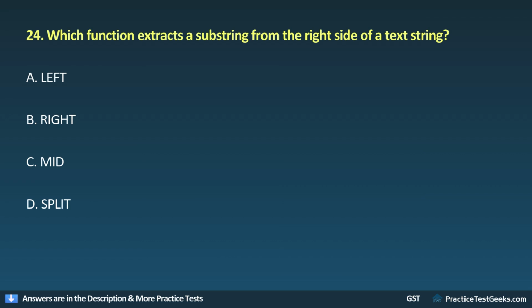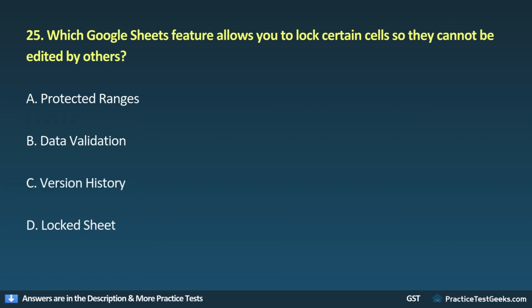B. Right. C. Mid. D. Split. 25. Which Google Sheets feature allows you to lock certain cells so they cannot be edited by others? A. Protected ranges. B. Data validation. C. Version history. D. Locked sheet.